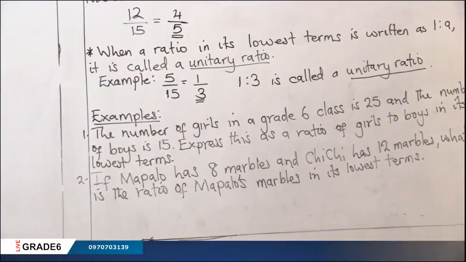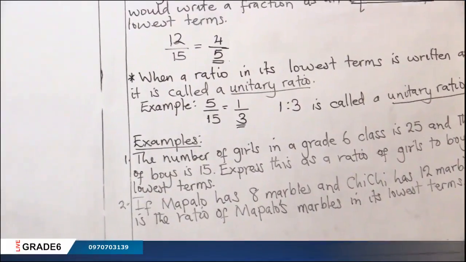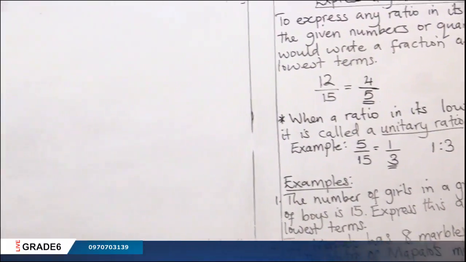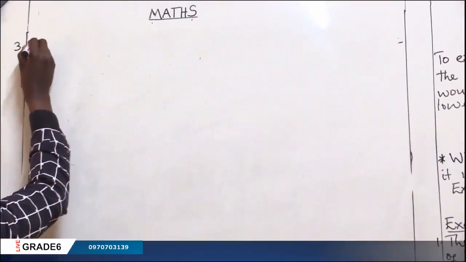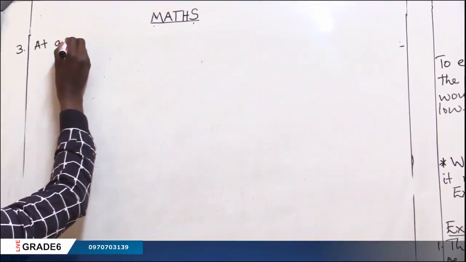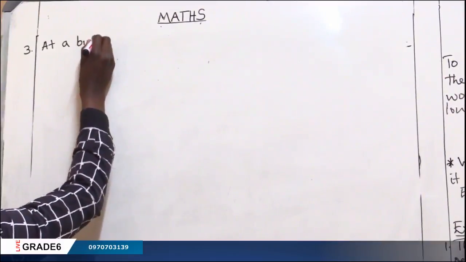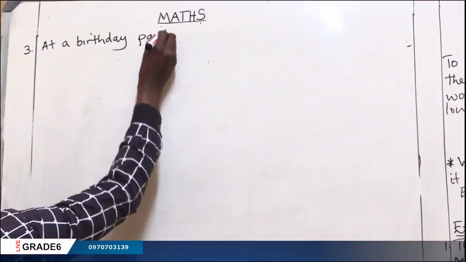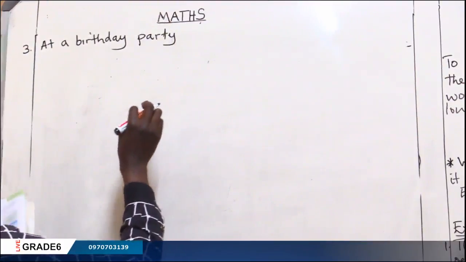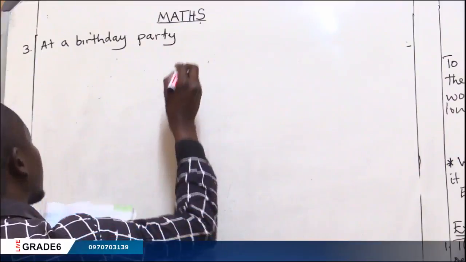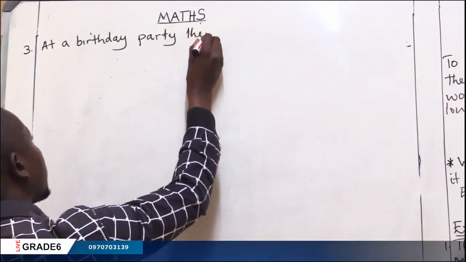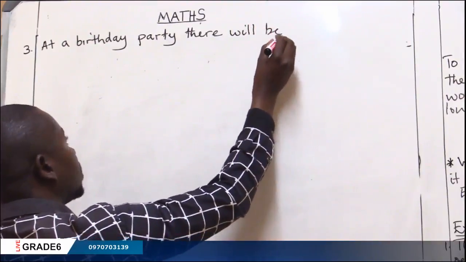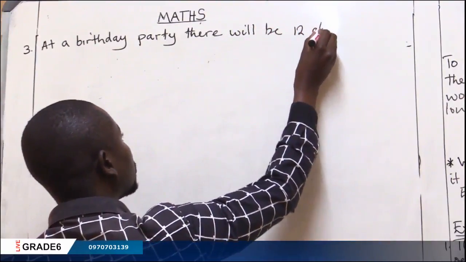All right, so let's go to number 3, boys and girls. Number 3 says, at a birthday party, there will be 12 children.